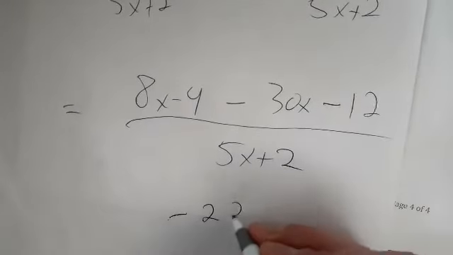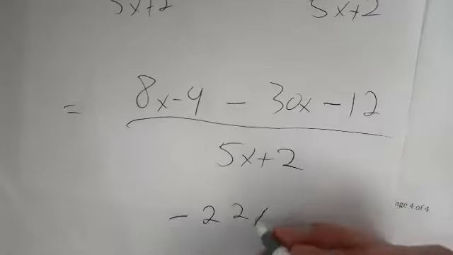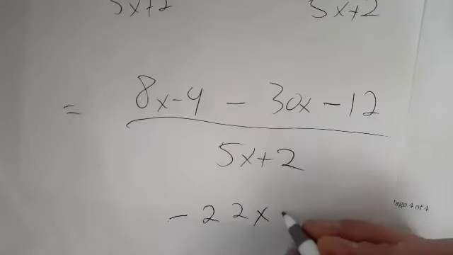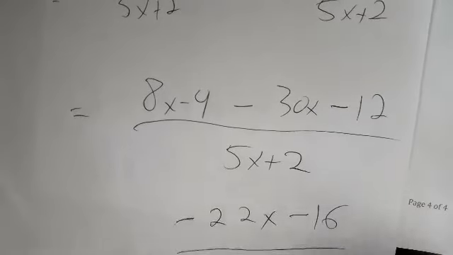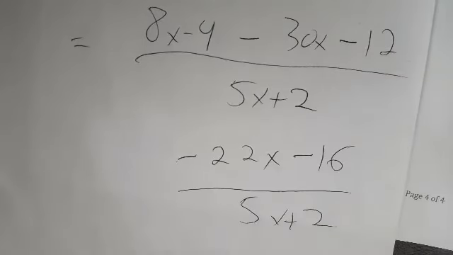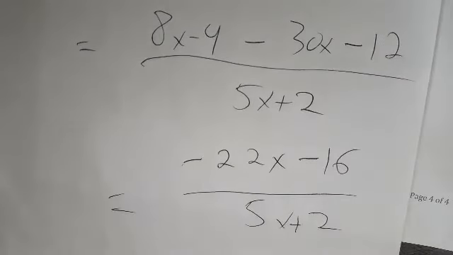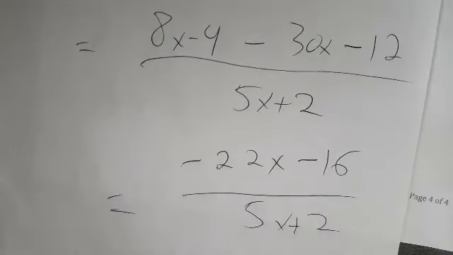Minus 22x. A minus 4 and minus 12 is a minus 16 over 5x plus 2. And if you can see a way to simplify that, you're doing better than I am, because I don't think there's any way that this is going to have anything in common with that.